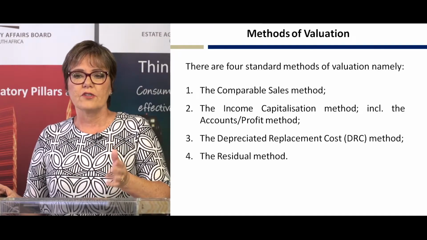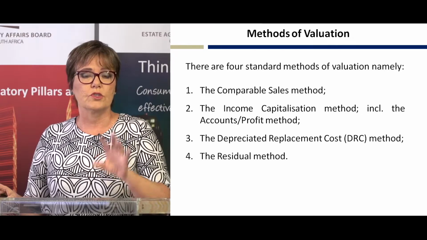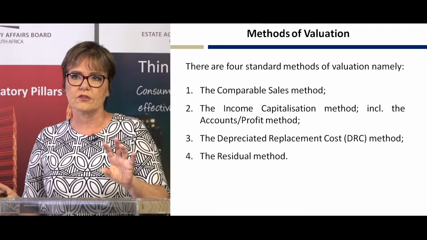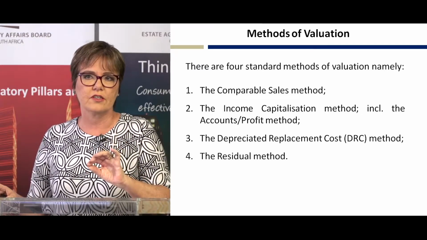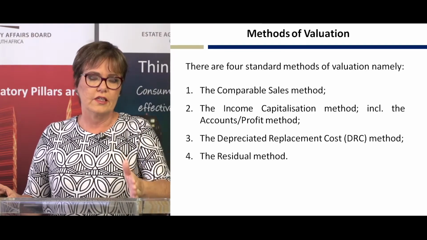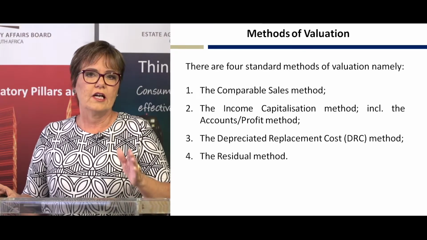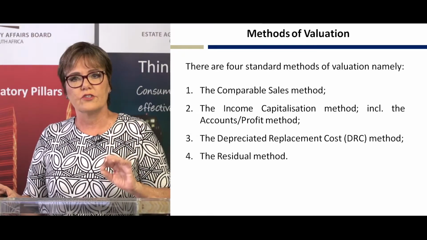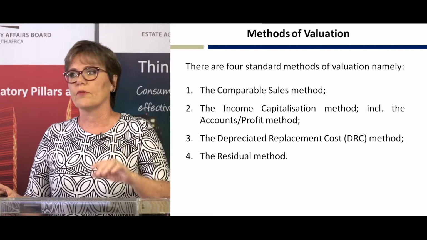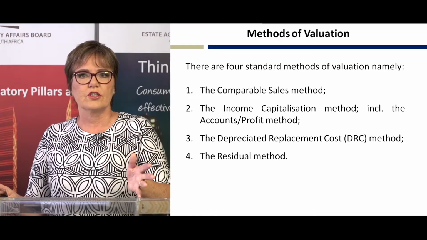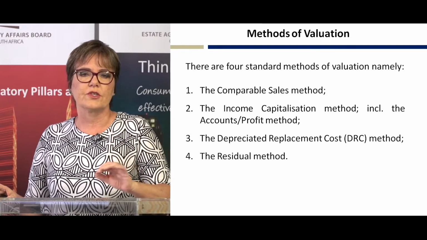Now, in that methodology, we will work towards a gross market rental. It needs to be a market rental. In other words, where will a landlord and a tenant sign a lease agreement today? And from that gross market rental, we will deduct the operating costs, which could include rates and taxes, insurance, maintenance.